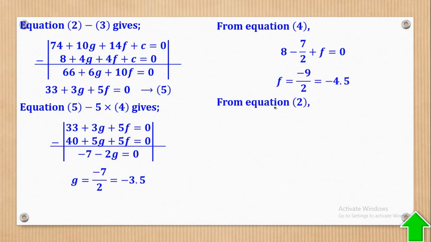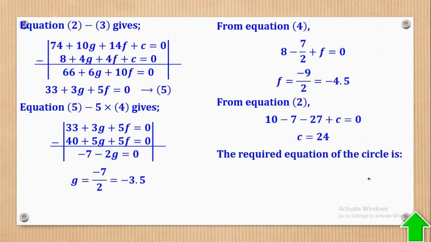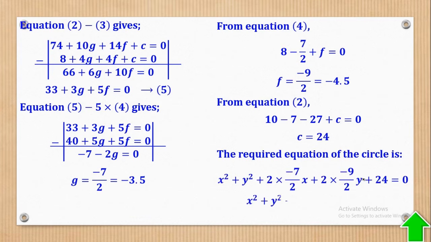Then now from equation 2, I can substitute for G and F to come up with the value of C as 24. So when I get G, F and C, I'll just go back to the general equation of the circle and substitute for G, F and C. Then simplify to come up with the required equation of the circle. So basically that is what they wanted.